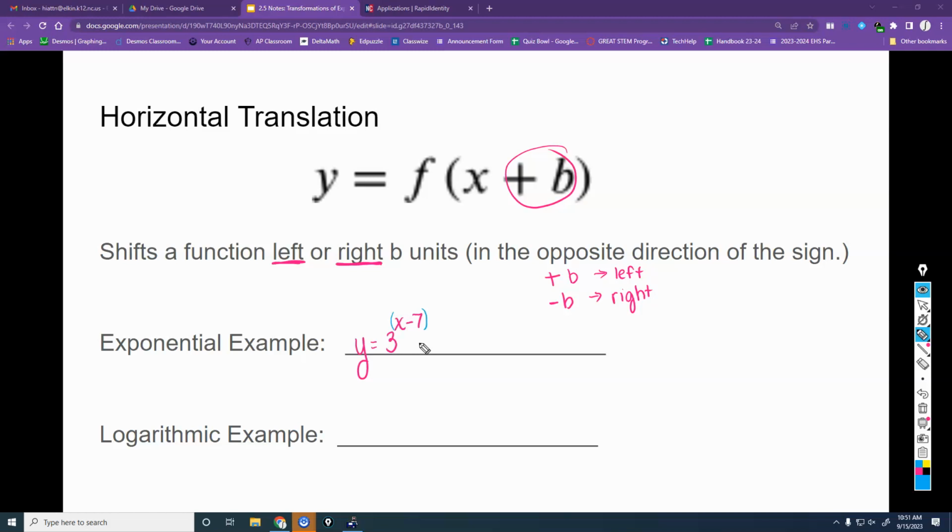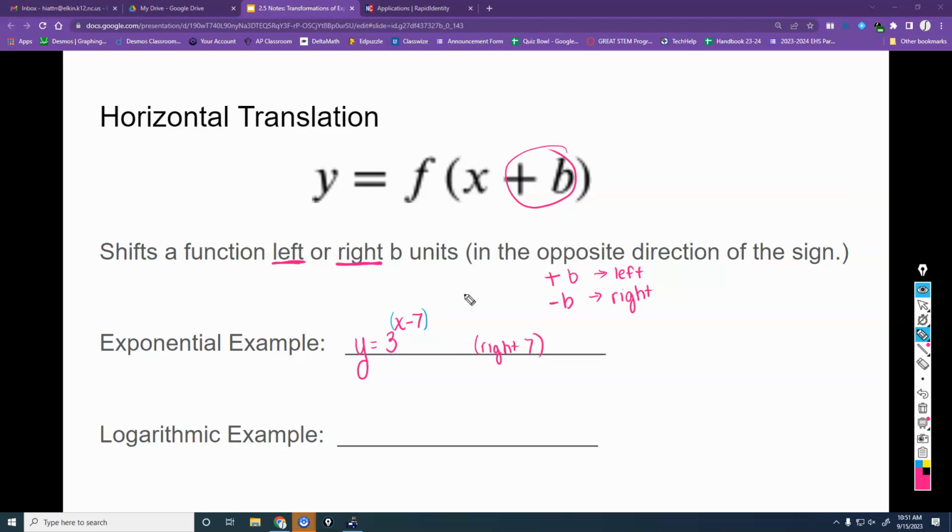If we type it into Desmos, we have to put the parentheses there, right? It doesn't keep that minus 7 up there unless we put the parentheses. So that minus 7 right there, what would it do to this graph? It would go to the right 7. I'll put that right there, right 7 for this one. So opposite sign. The negative actually makes it go to the right.